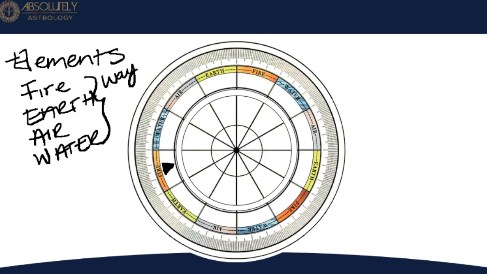And they all have their different characteristics, their different ways of being, ways of functioning. As we learn more, this will all really begin to make sense. So there's fire, earth, air, and water. And you see how fire, earth, air, water, and it just repeats again, okay?